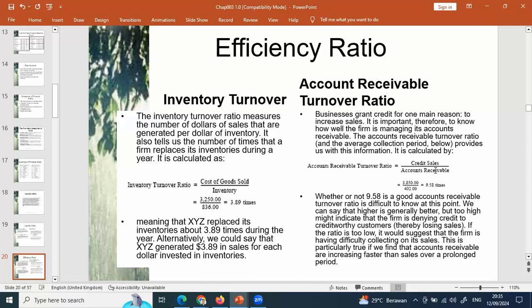May I know the measure of the final year? This is the cost of goods sold. Is there any quantity on the financial statement? So it means 3.89 times. It means goes to where, Pak? I didn't get the goals. I don't understand. Maybe you can explain a little bit.